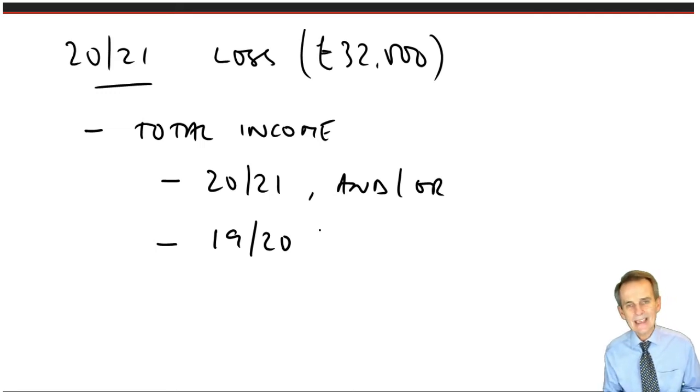And if, in making such a claim for the current tax year and or the preceding tax year, after setting off against total income and reducing that total income to nil, we still have some loss left over, then, as we saw the previous time, we would be able to extend that loss, that extension claim, to turn what was a trading loss into instead a capital loss and set it off against the net gains of that tax year.